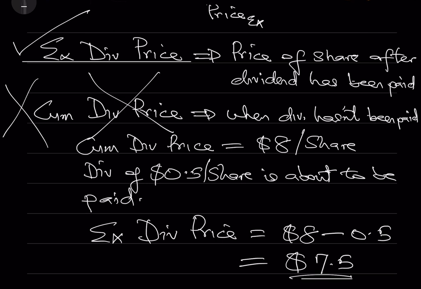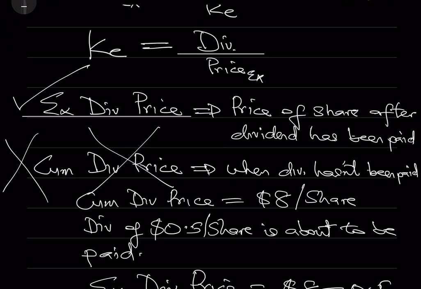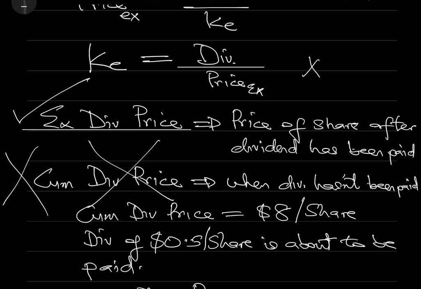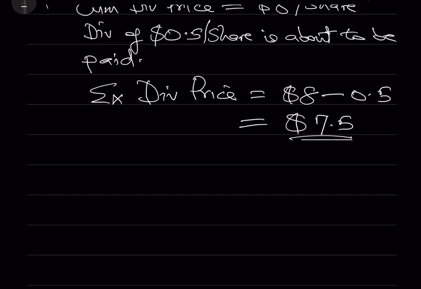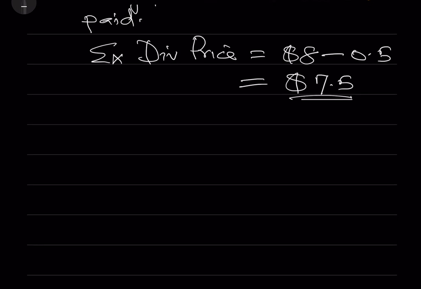Very important. Right. So this is the formula for cost of equity when dividend is constant. You must take note of that.